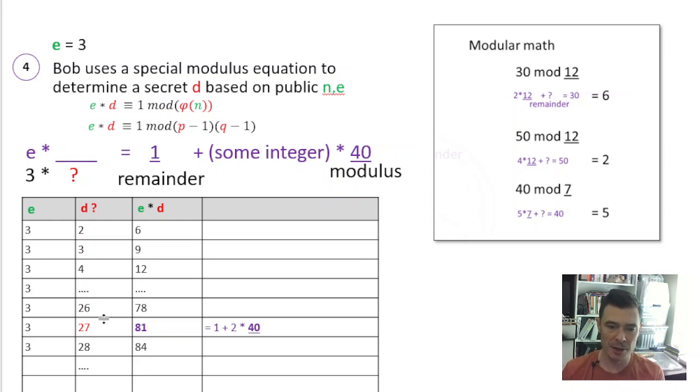And we're looking for a number that when you multiply e and d together, the result is 1 more than the multiple of your modulus. So 1 being your remainder. E times d gives the remainder 1, here your modulus phi. And a d of 27 gives us that.